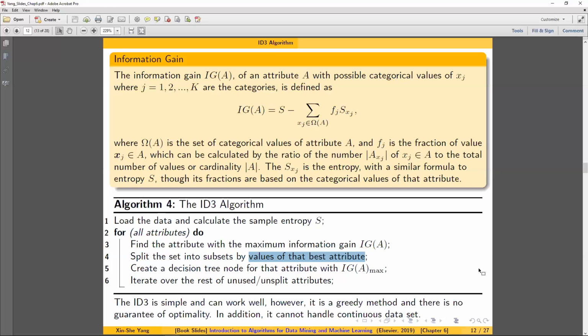ID3 is simple and can work well. However, it is a greedy method and there is no guarantee of optimality. In addition, it cannot handle continuous datasets. That is the ID3 algorithm. It's just about how to decide which variable comes first.